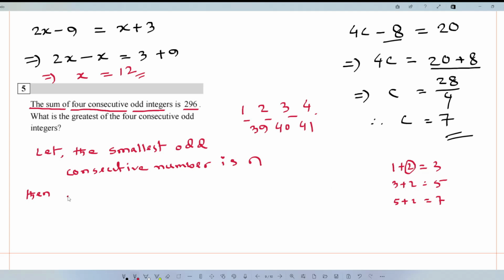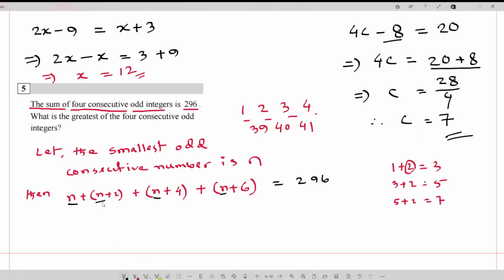So n plus n plus 2, then plus n plus 4 plus n plus 6. So it becomes consecutive numbers, and it equals 296. Now look, how many n are here?